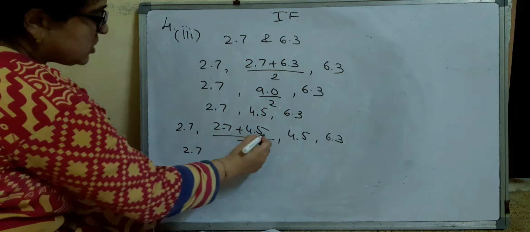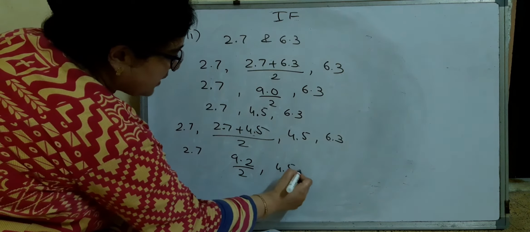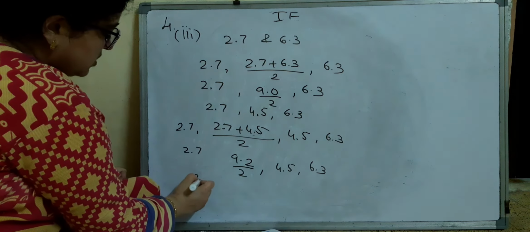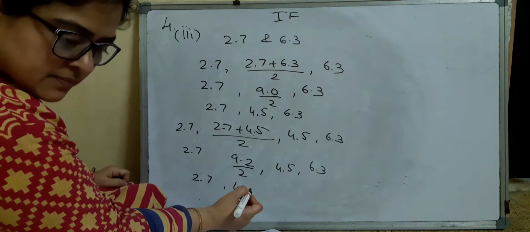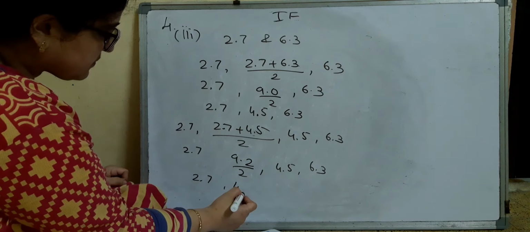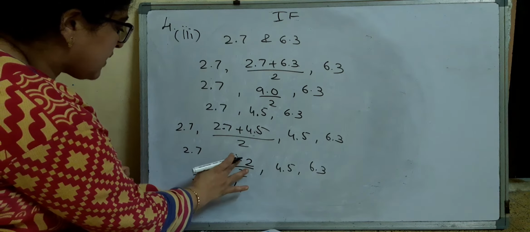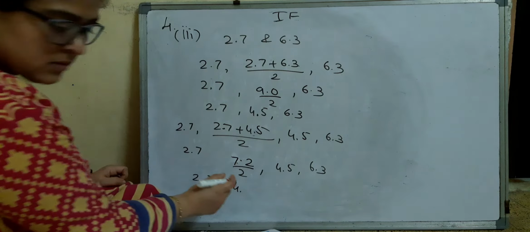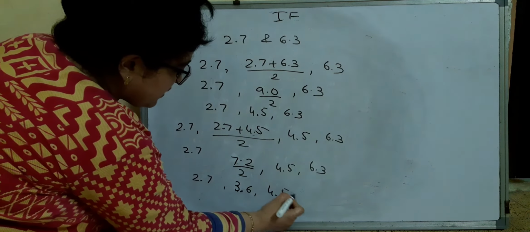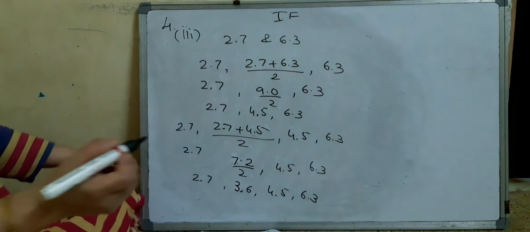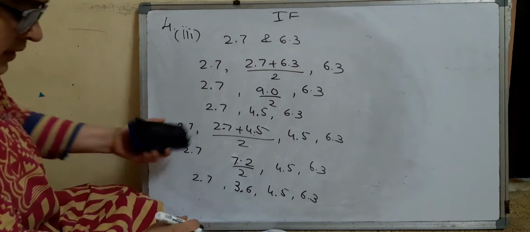The addition of these two is 7.2 upon 2, which is 3.6, then 4.5 and 6.3. So the two rational numbers are 3.6 and 4.5. The third question is completed.